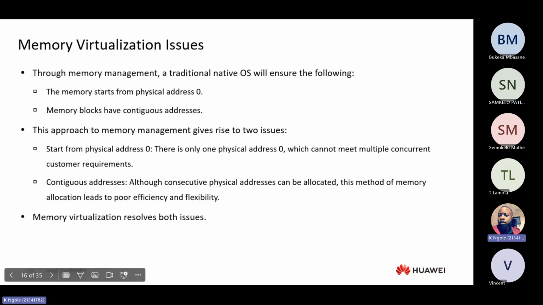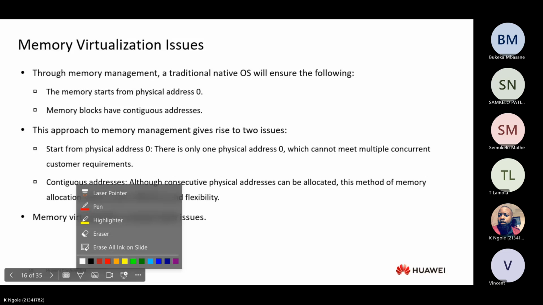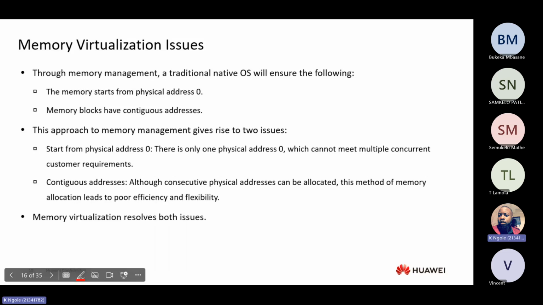So we have virtual machine 1, which will have a guest address of, because they all need to start from 0, 0x and then 0, 0, 0, 0. We have even like 7 zeros there.